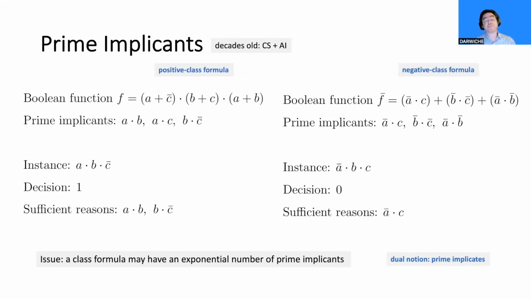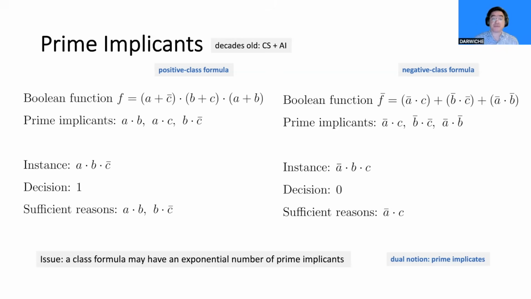And in this case, you may have to compute an exponential number of things to filter them based on which ones are compatible with the instance to then get to your sufficient reasons. And our motivation in what I'm going to be talking about was to try to do something about that. And the reason is, as there are questions that rely on examining sufficient reasons, and we want again to find ways to do that without having to go through this enumeration process that is implied by this method.